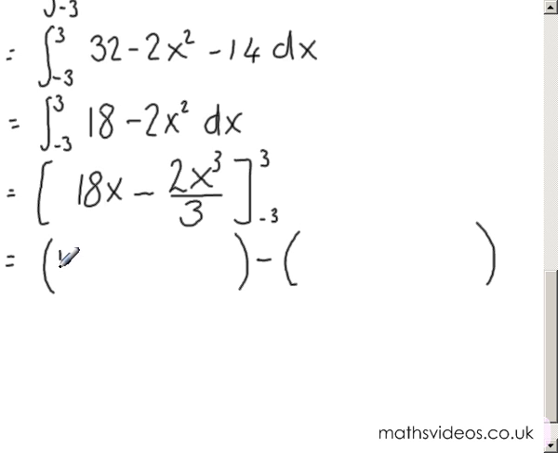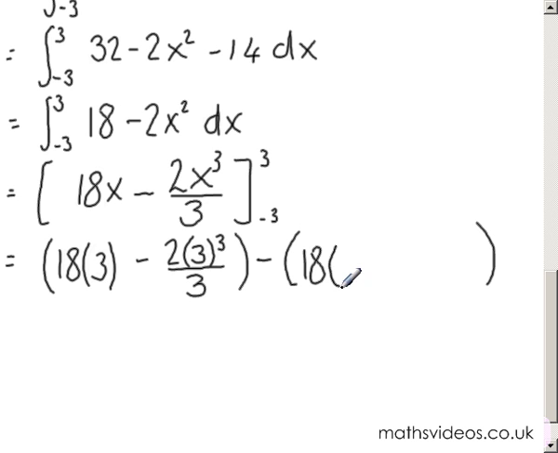So 18x in the first bracket is 18 times 3, take away 2x cubed, so that's 2 times 3 cubed over 3. In the second bracket, same again, only this time we're substituting in minus 3, or negative 3.